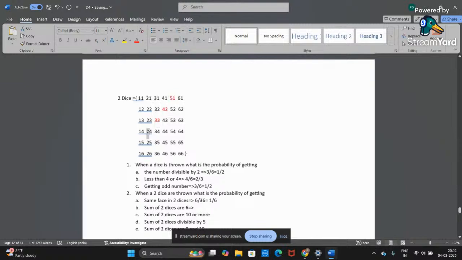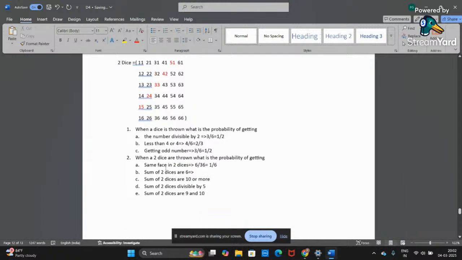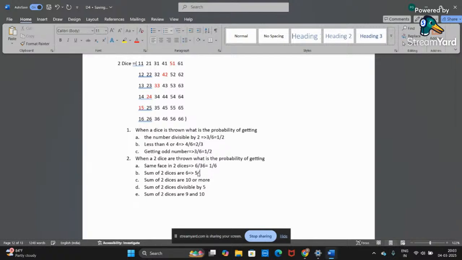And this. This. How many possibilities are there? Sum of 2 dice is 6. That is, how many are there? 5, right? 1, 2, 3, 4, 5. There are 5 possibilities out of 36. This is your probability of getting a sum of 6 on 2 dice.